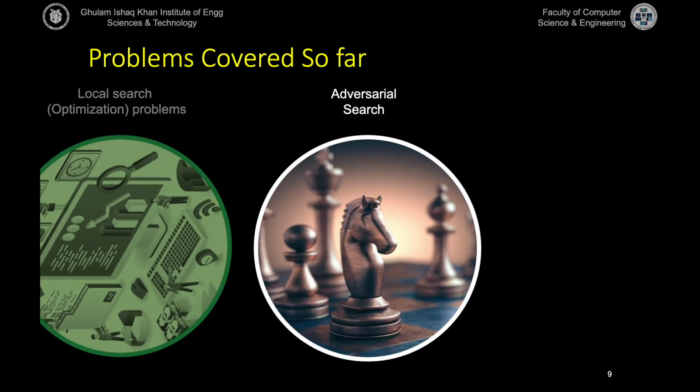And the final search technique that we discussed in quite a lot of detail was adversarial search problems. This was the topic of my last week's and basically the week prior to that, the lecture series lecture 6.